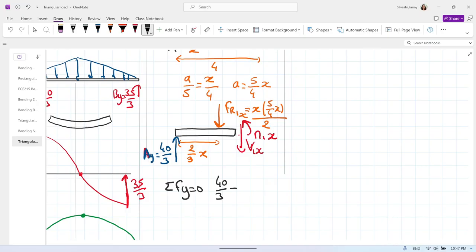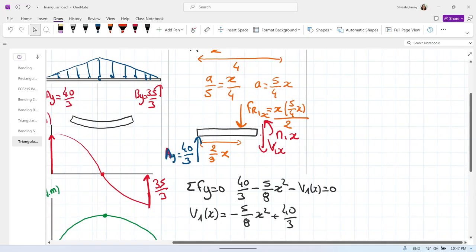So FR1 is x times 5/4 of x divided by 2, so it's 5/8 of x squared. This is my FR1 of x. And V1 is negative, so minus V1 of x equals 0. So the equation is V1 of x equals minus 5/8 x squared plus 40/3. I double checked that equation, and this is correct.